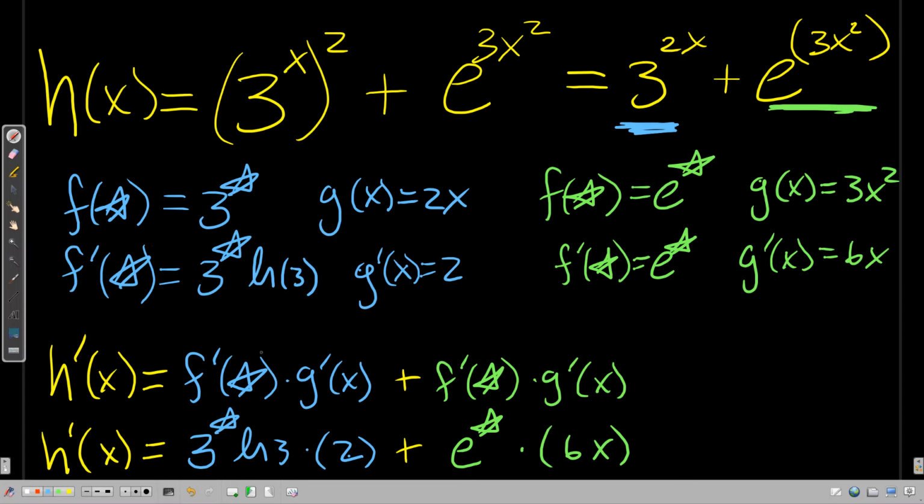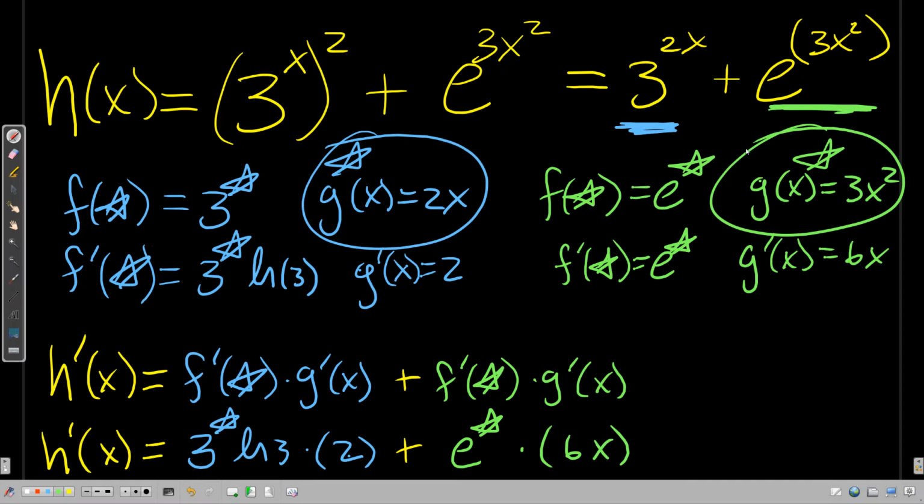So what does star have to be though? Star is g of x. So you come back. Now when you get good at it, you can just do it on the fly. But for now, if you're not good at it, you need to probably come back and replace it. Right?